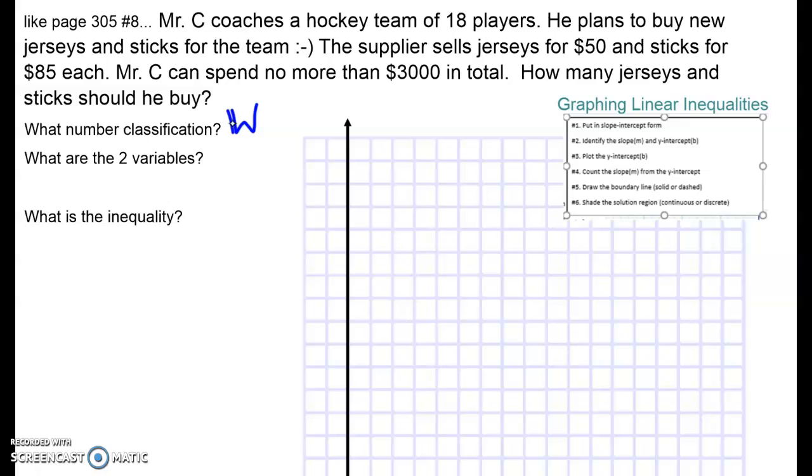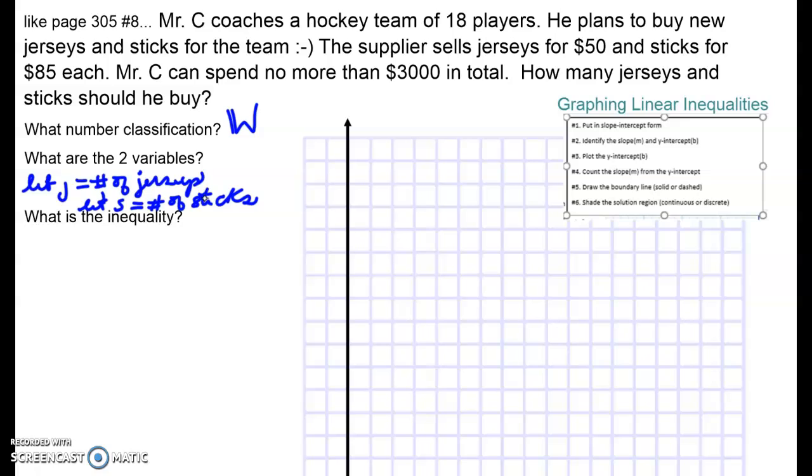In this case, we can see there's jerseys and sticks, so those are the two variables we're going to choose. And why not? We're going to let j equal the number of jerseys. Why not choose something that makes sense? And we will let s equal the number of sticks.